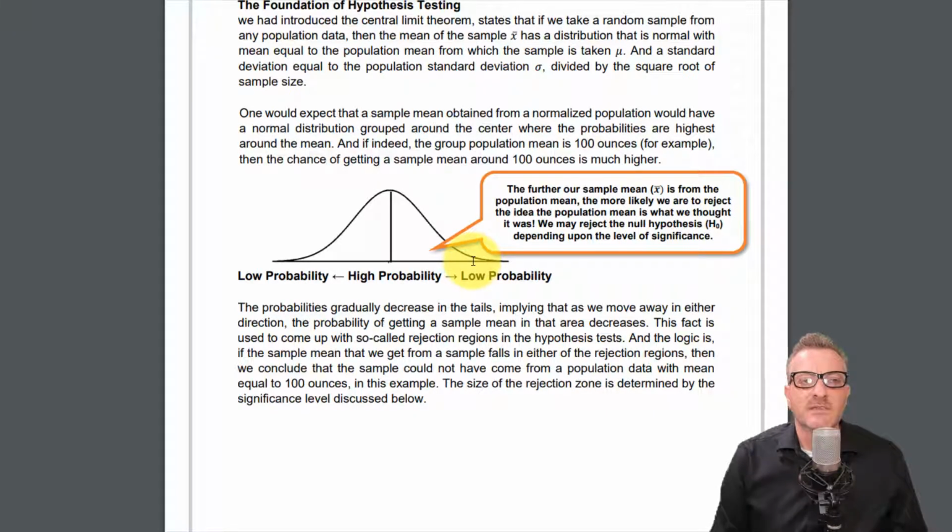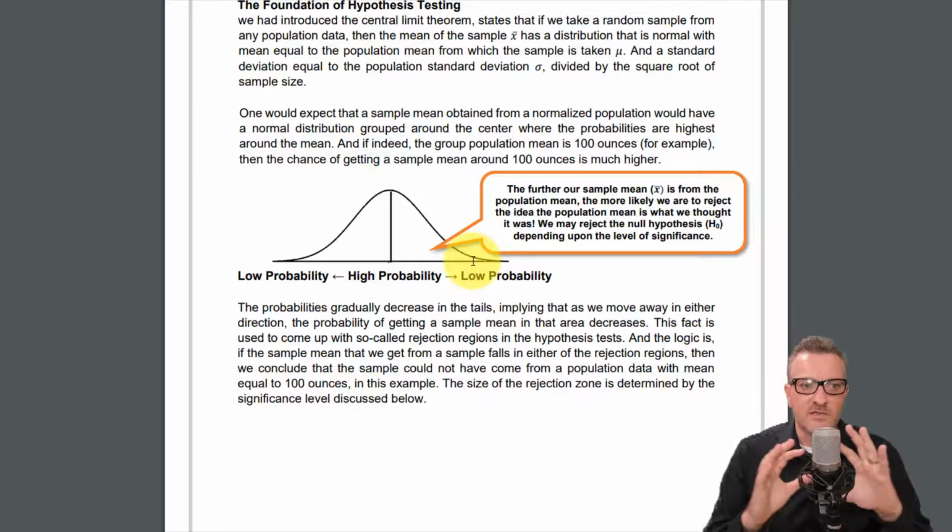Either we did a very poor sample and had some real sample problems, or it's possible that the population mean is not what we thought it was.